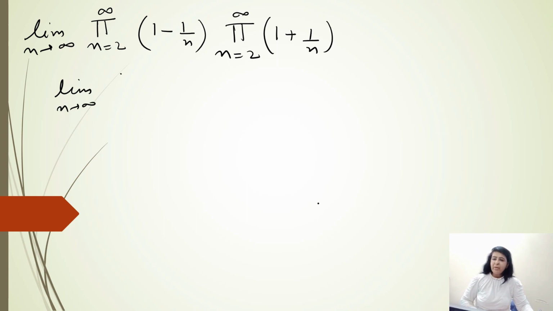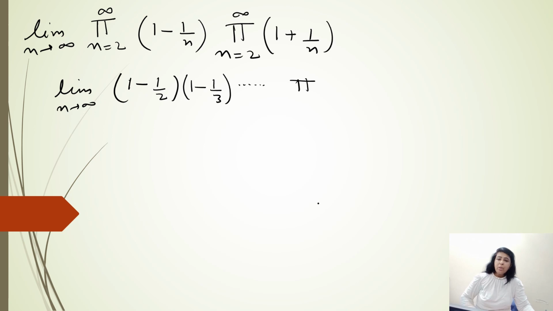Just expand it, and you will get 1 minus 1 by 2, 1 minus 1 by 3 and so on. The product will not be there.